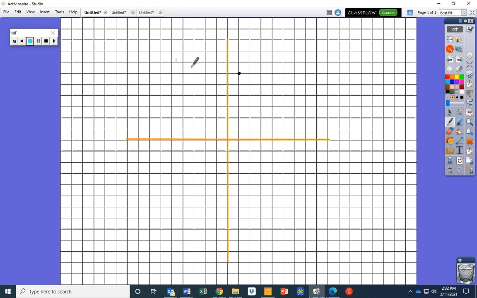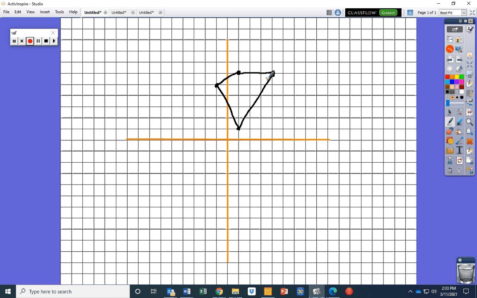So let's say I got something like this. All right, so I got some points here. Let's connect them. You guys try to draw a little generic graph if you can. Oh my gosh, I cannot draw straight lines.